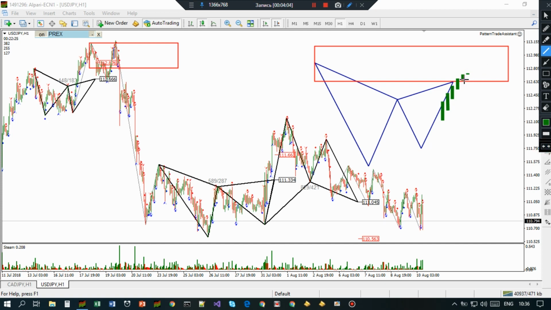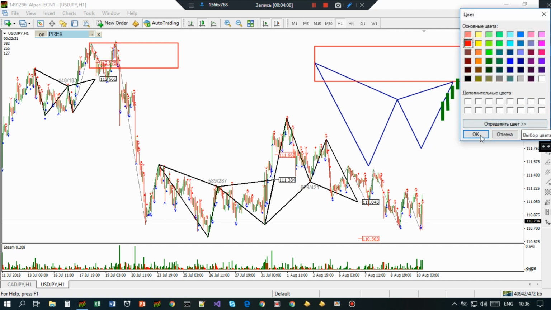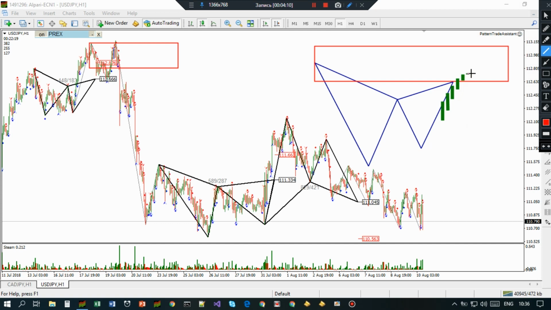Okay, so we may have it this way, and after that, the ideal thing is that we have a red candle with a body greater than the previous green candle, followed by another red candle with a body greater than the previous one.